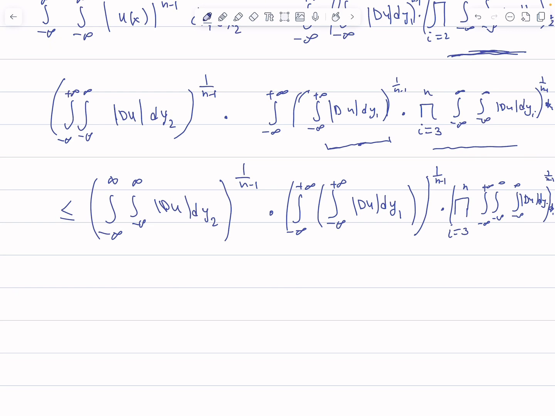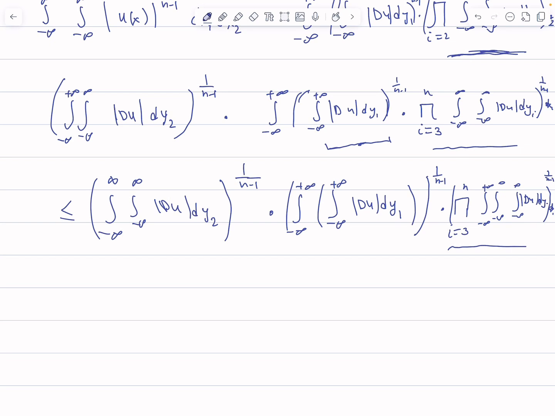Okay, now we will continue doing like this. What you will get at the end is that this one is always decreasing, but here it will increase, but always we can use the generalized Holder inequality, because we always have n minus 1 factors, all with the same power, but always one of them we take out.